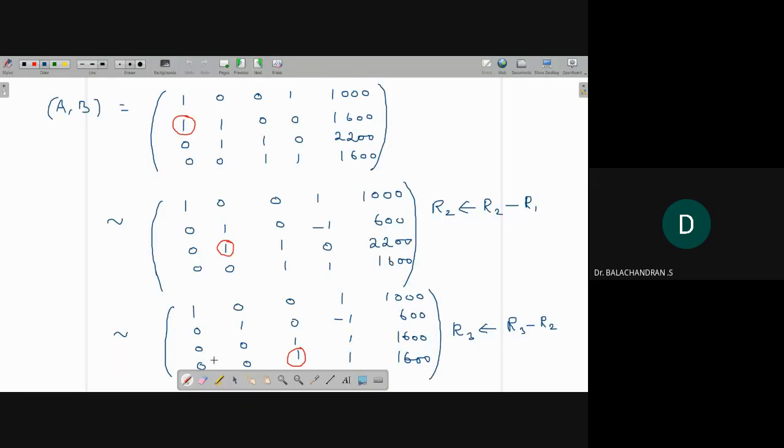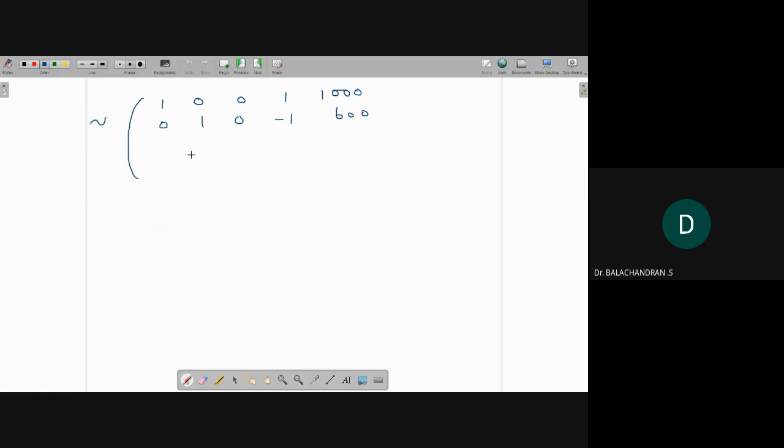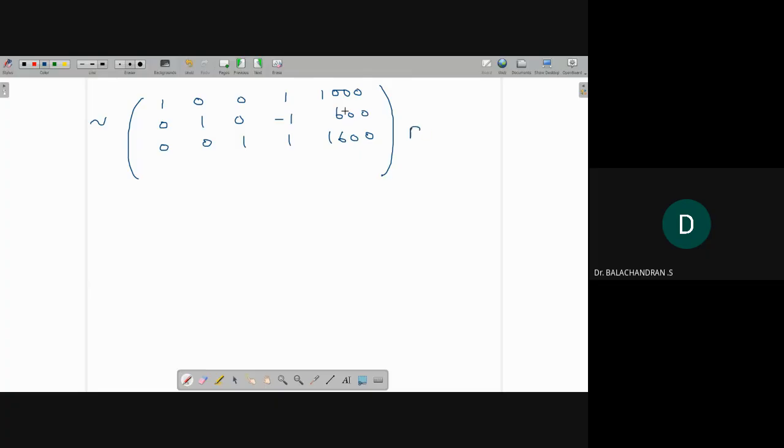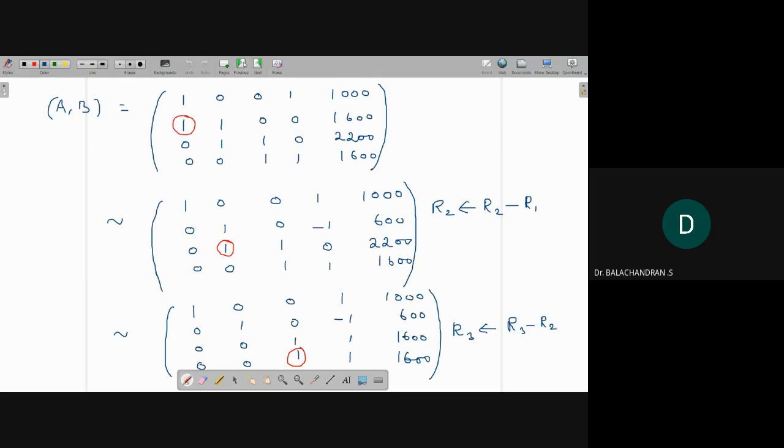Third row 0, 0, 1, 1, 1600. Last row, the transformation is R4 minus R3, so you will get 0, 0, 0, 0. So the last row is completely 0.